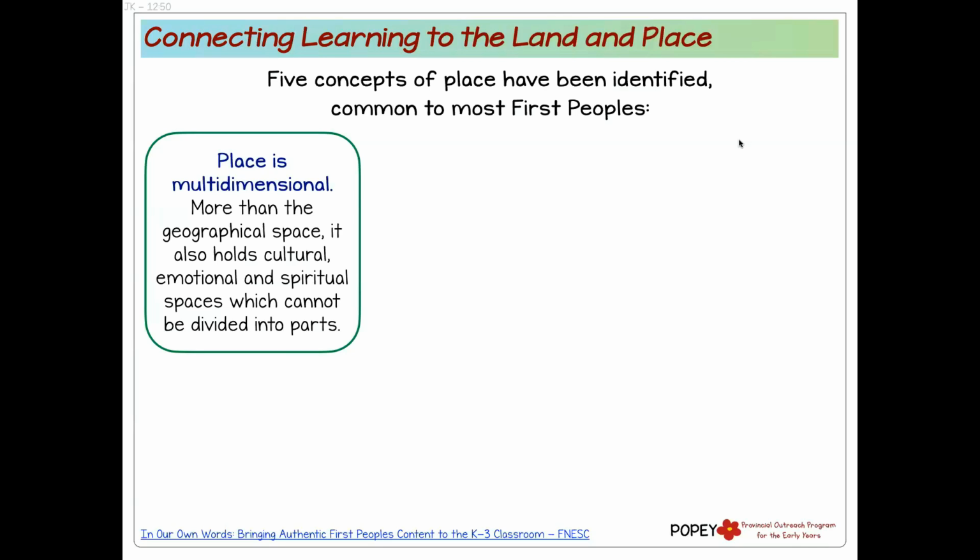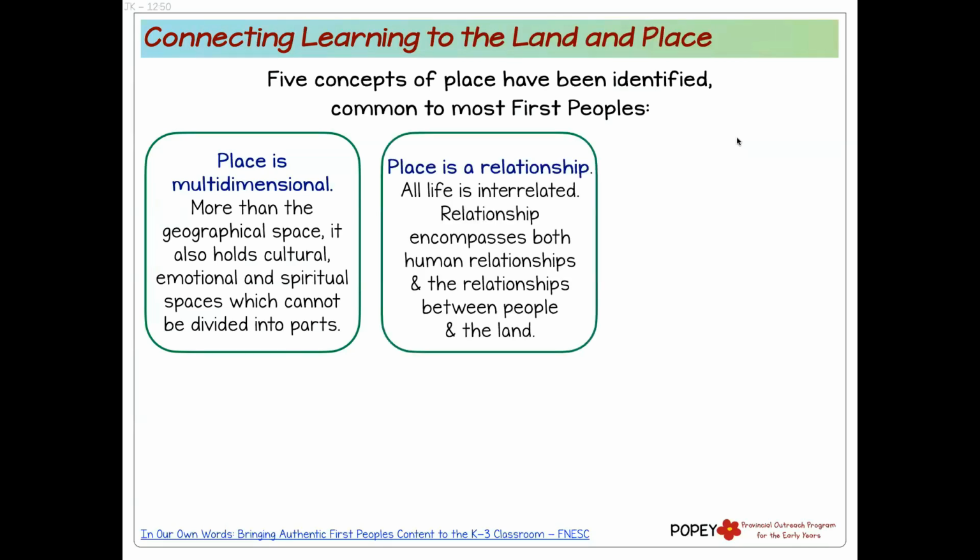So place is multidimensional. We're talking about place as more than a geographical space. We're talking about what place holds in terms of history, culture, emotions. So it cannot be divided into parts, but we're talking about lots of different levels of place when we're talking about the importance of the territory that we're on, the land that we are on.